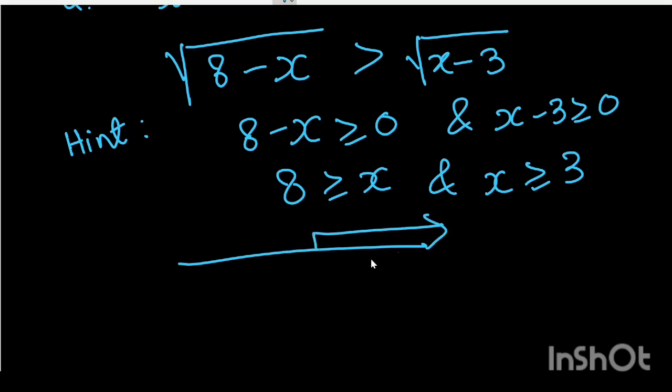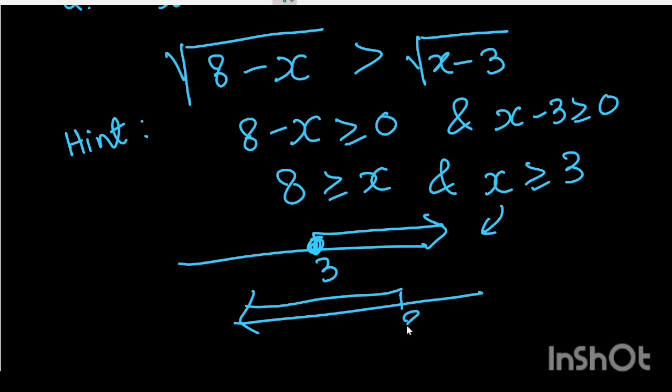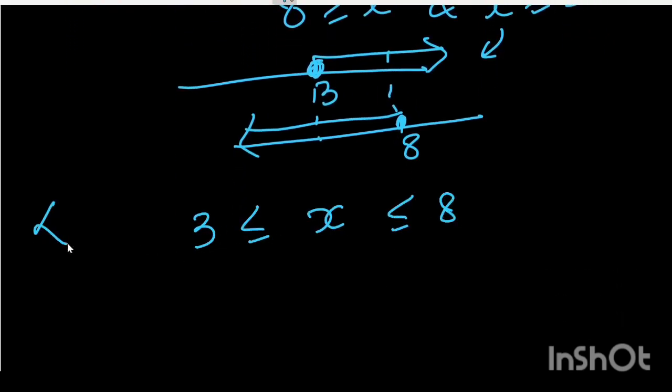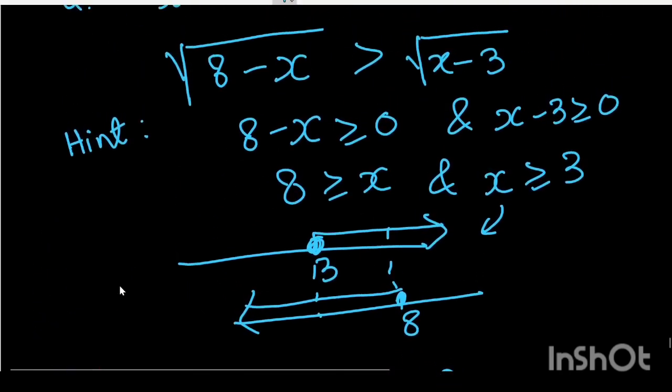x greater than equal to 3 is this, and x less than equal to 8 would be this. If you take the intersection of these two, what you will get is x between 3 and 8. That would be the domain. Since we have obtained the domain, as the first step, we will solve it, and then take the intersection with the domain to get the final solution.